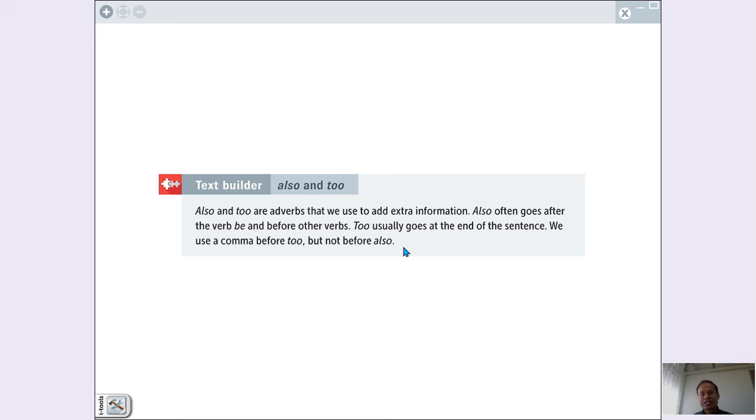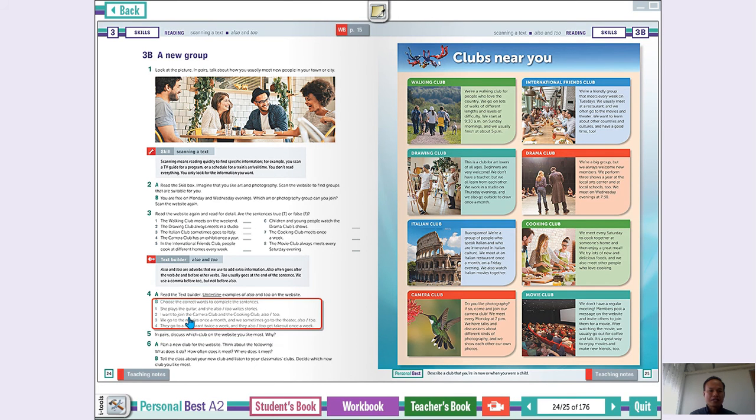Both of these words are used to add extra information. The difference is we use also inside the sentence, but we use to at the end of the sentence. That's the difference.